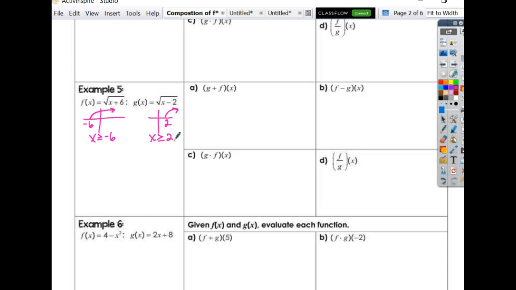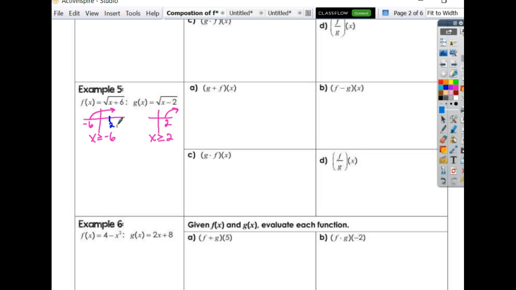So why the 2 and not the negative 6? So here's my 2, right? If this one doesn't start till here, can I use any of these x's? No. So you have to use this one as the restriction.